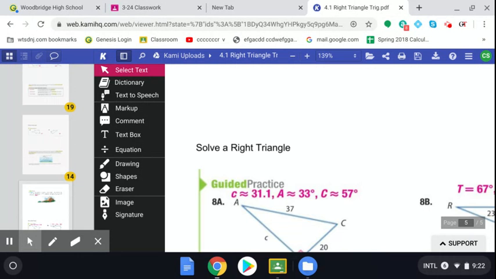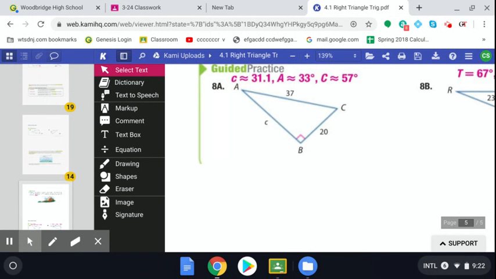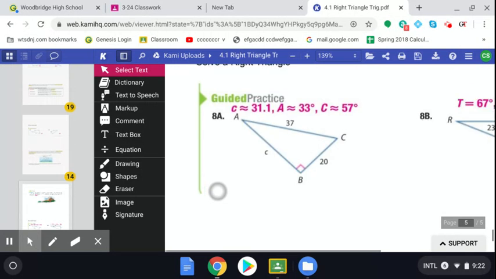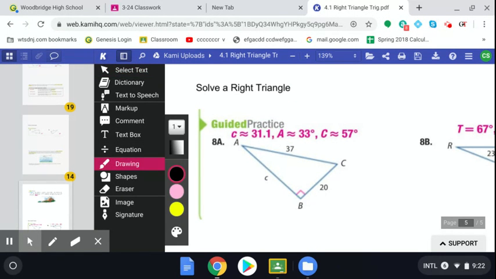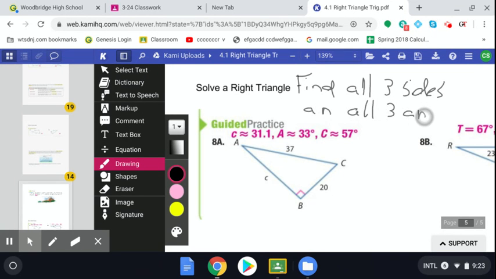Okay. And the last thing we need to cover is how to solve a right triangle. And what that means is you need to find the measures for all three sides and all three angles. That's what solving a right triangle means.